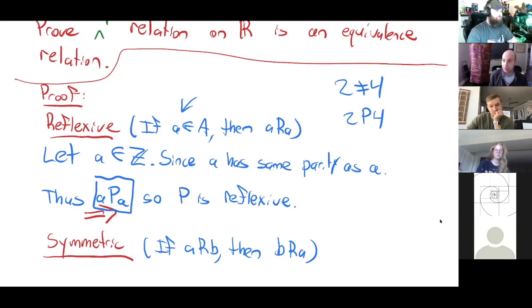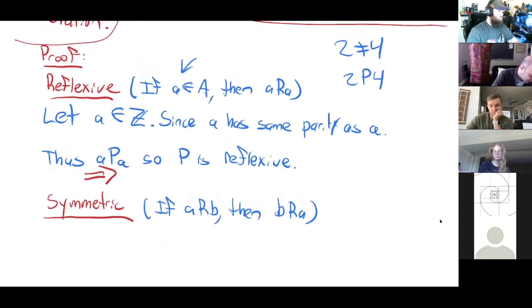So, for example, it's totally fine to be clear with the fact that a number has the same parity as itself. It's fine to say A is equal to itself. It's really hard to prove that because it's just so obviously true. So there are some things that are like axioms that we would treat as fact that we don't actually need to prove. Maybe you guys are getting twisted up because that's so obvious. I don't know.